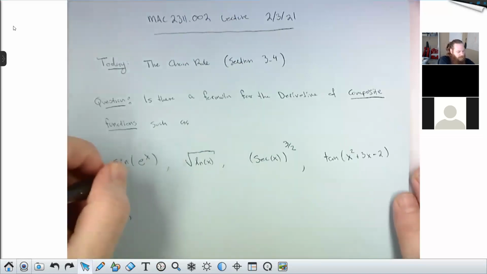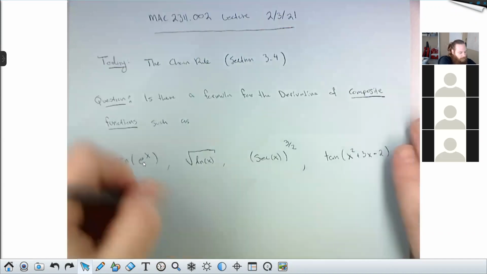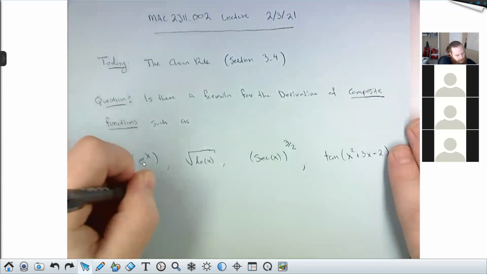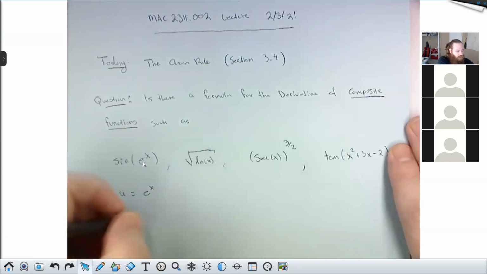So if I look at this guy, the sine function, sine of e to the x, my inner function there is what? E to the x. Yeah, exactly. That's the thing that's been shoved inside the sine function to create this guy. And what's my outer function there? If I think of the e to the x as u, then what's my outer function as a function of u?